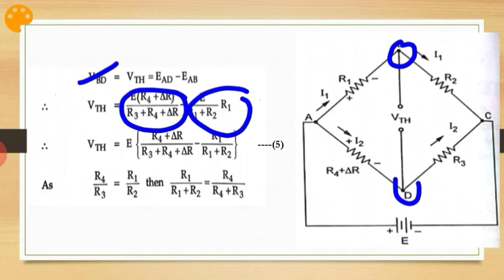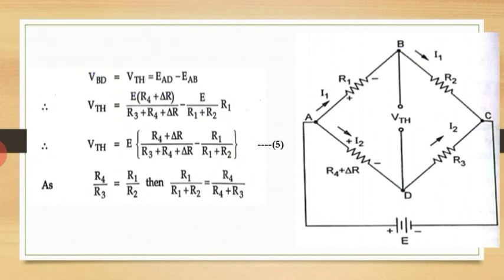Now, E is common. The remaining terms are R4 plus delta R divided by R3 plus R4 plus delta R. In this term E is taken out, and here also E is taken out, with R1 divided by R1 plus R2.